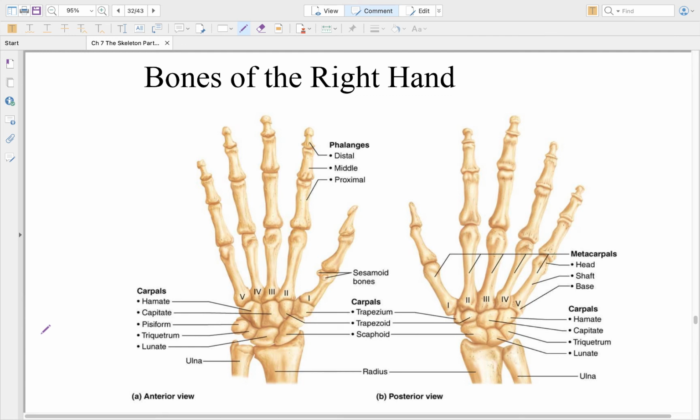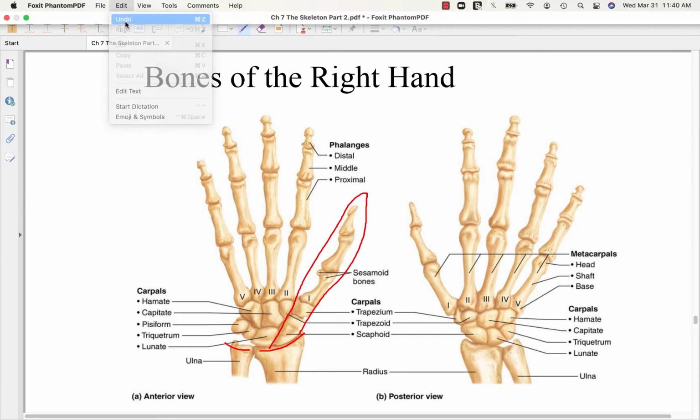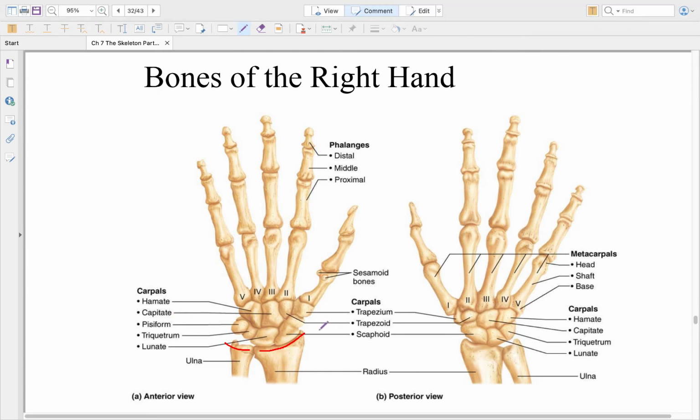Now, the bones of the hand. So this is your radius bone, ulna. Notice that the radius is going to be connected to your thumb. Now you want to learn these bones. And all of your carpals, think of carpal tunnel.